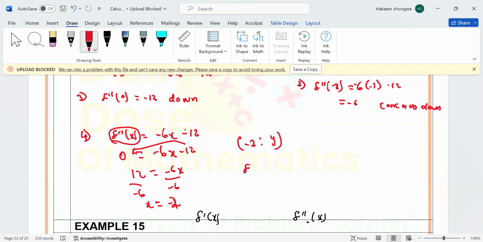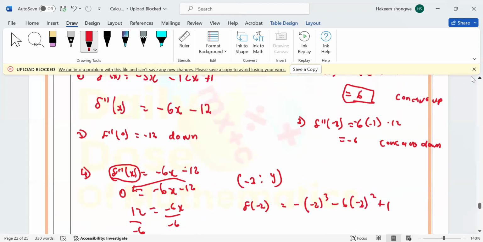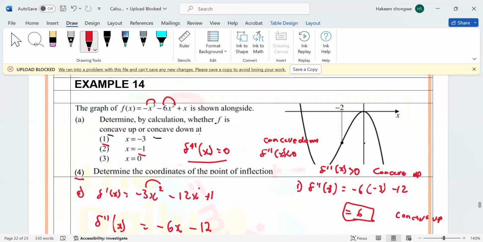So you're going to have f of minus 2. What is our equation? Minus open bracket minus 2, all cubed, minus 6 open bracket minus 2, all squared, plus 1, plus x. Okay, we can substitute here.